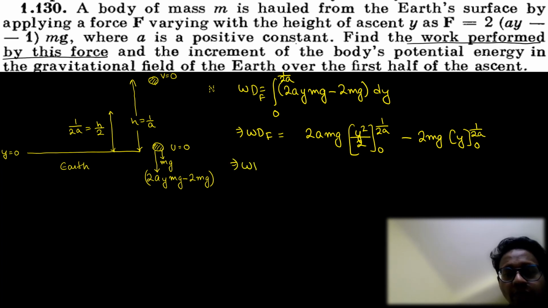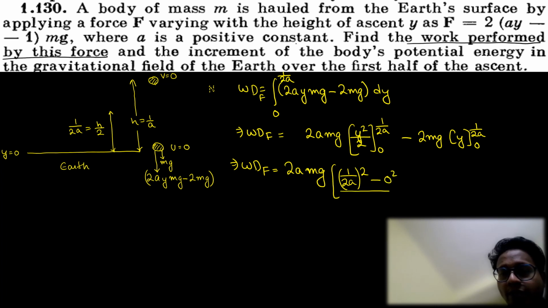So work done by force is 2a mg into, what is y square by 2? 1 by 2a whole square minus 0 square divided by 2, minus 2 mg into 1 by 2a minus 0.